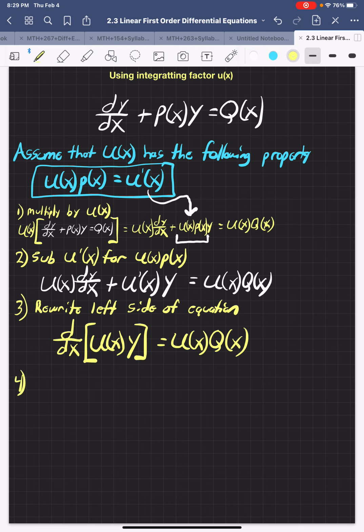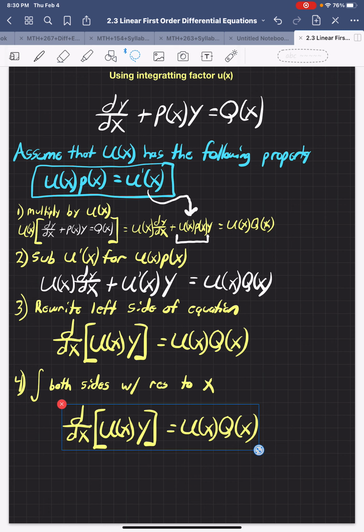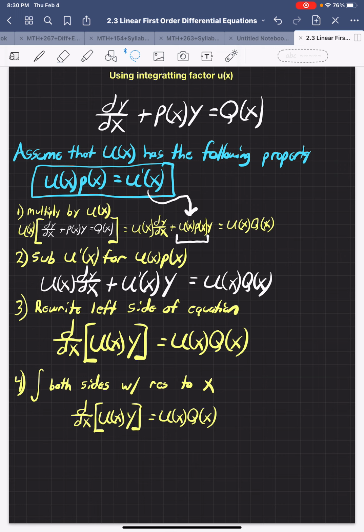We're going to integrate both sides with respect to x, and that's because we're trying to solve for y. Ready? Let me copy and paste. So here we go. Let's integrate both sides. We integrate the left side, we integrate the right side.